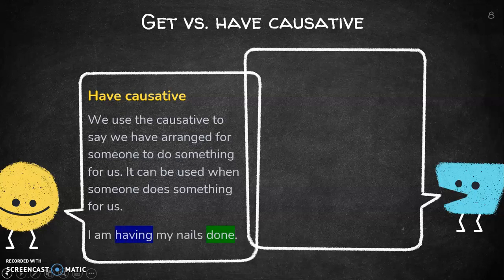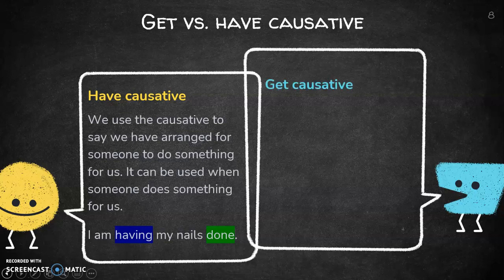For example, if you are talking about your nails, you don't normally do your nails on your own. So in this case, we can say that you can have your nails done. Or like in the example, I am having my nails done. This is a typical example of causative in English.